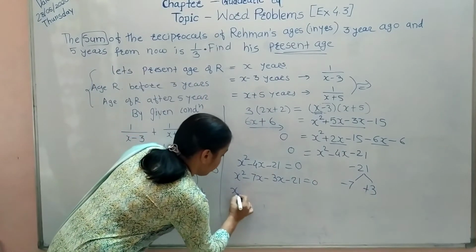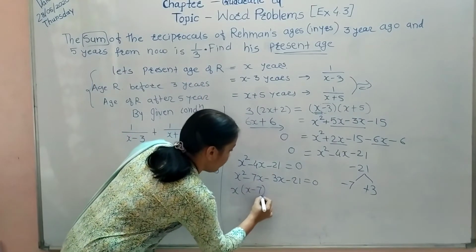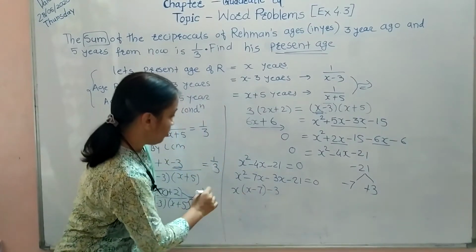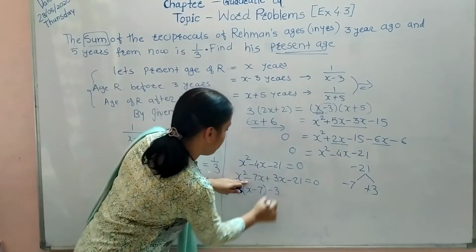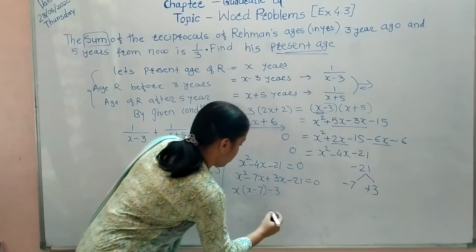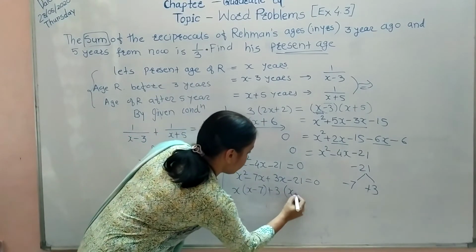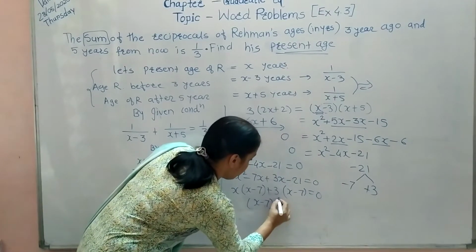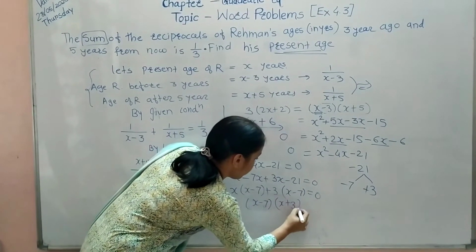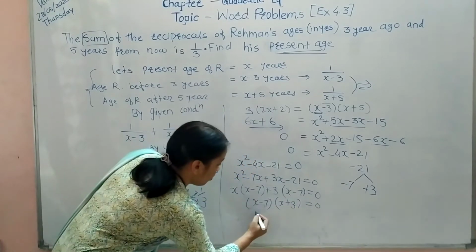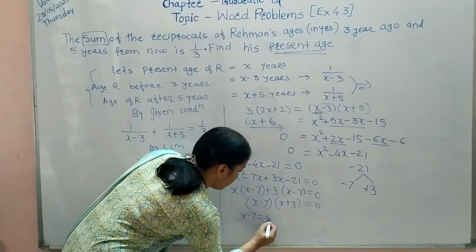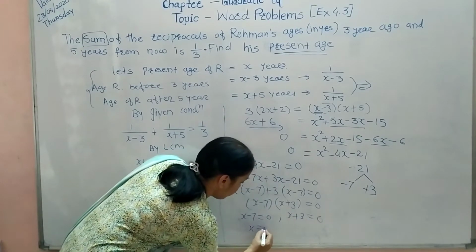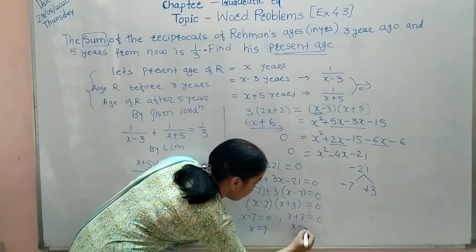Taking x common, x minus 7, and taking 3 common, x minus 7, equal to 0. So x minus 7 in one bracket, x plus 3 in another, equal to 0. From this, x minus 7 equal to 0 and x plus 3 equal to 0. Therefore, x is equal to 7 and x is equal to minus 3.